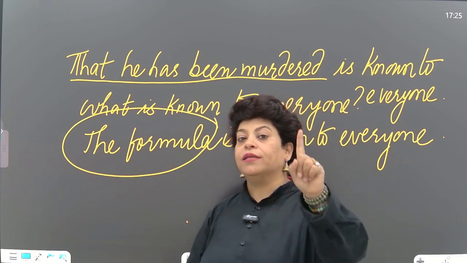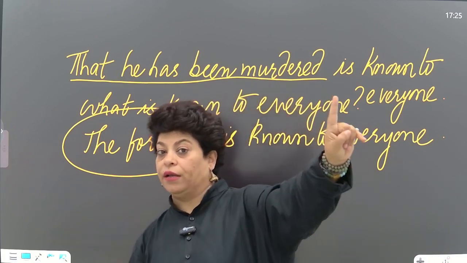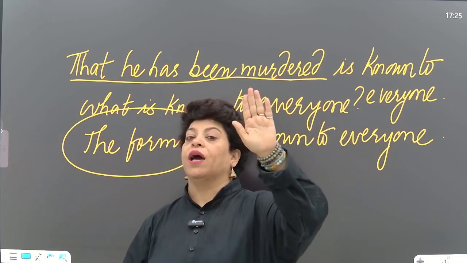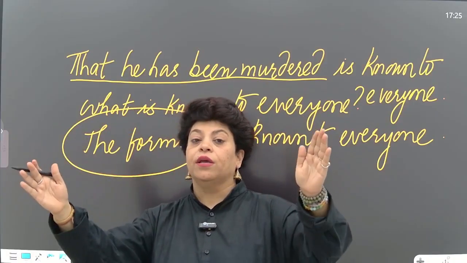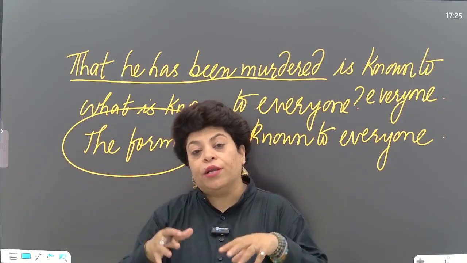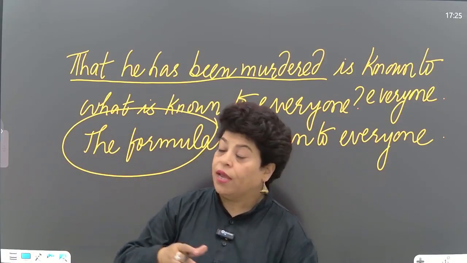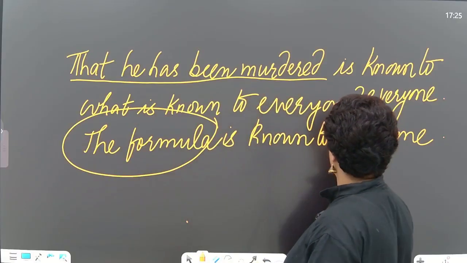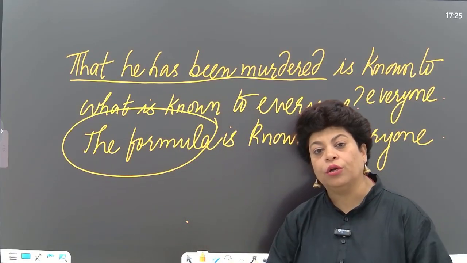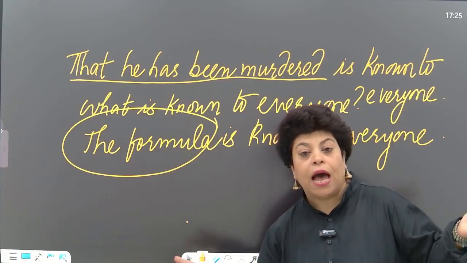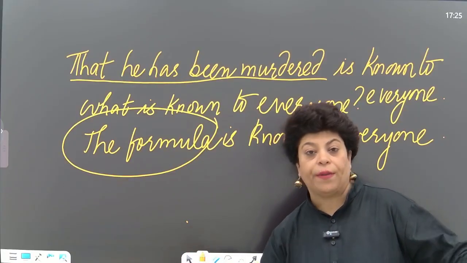What have we discussed earlier? A noun clause needs to have one subordinating conjunction. It needs to have one complete sentence, that is, it becomes an independent clause or dependent clause. Now here, dash is known to everyone is already a known clause, that is an independent clause. How to make it dependent?